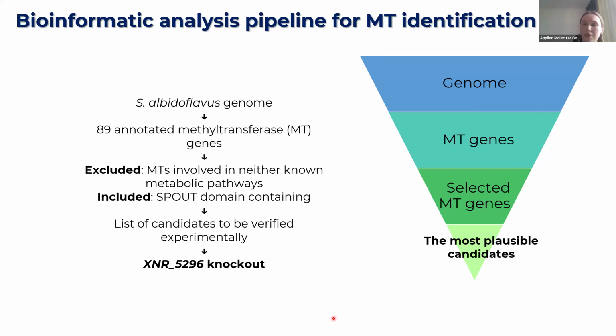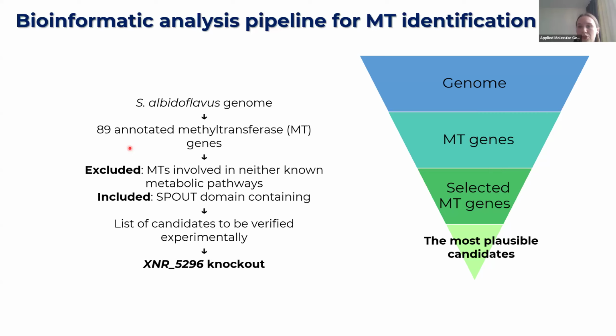It is a bit of a difficult example because identification of methyltransferases could be tricky. There are many similar methyltransferases within the cell, and they have a complex evolutionary history. We identified 98 annotated methyltransferases in the Streptomyces albidoflavus genome. Then we excluded some methyltransferases involved in known metabolic pathways.